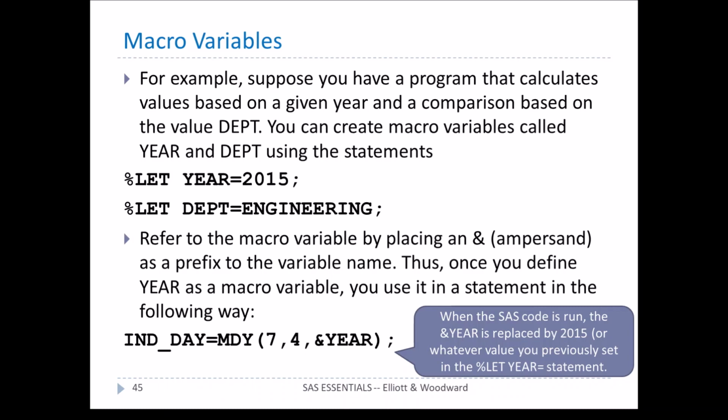So what's going to be put in that &year? Well, it's going to be 2015 because I set it earlier using the %let statement above. And again, I could use that &year many times throughout my program, and by making that one change up here, year equal 2015, if I change it to 2014 or 2025, whatever it is, then it is automatically going to be used in the rest of my program.